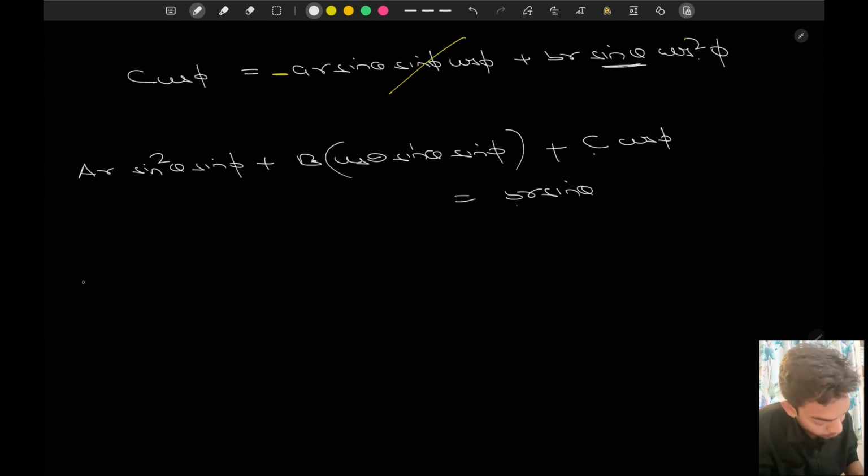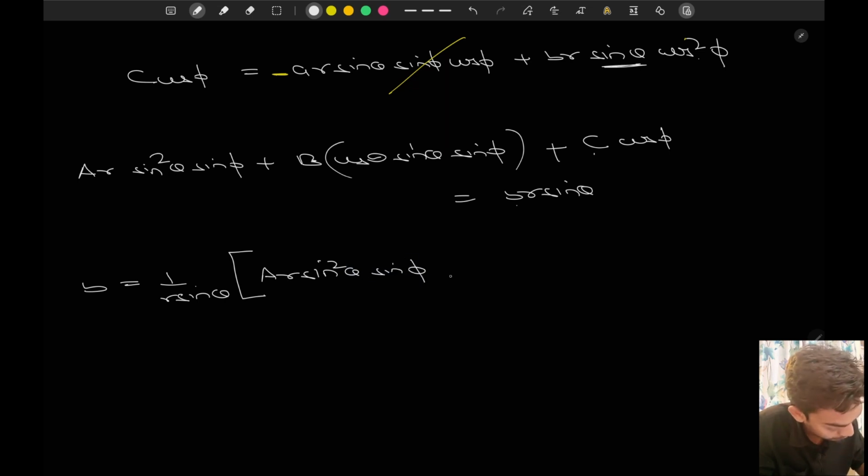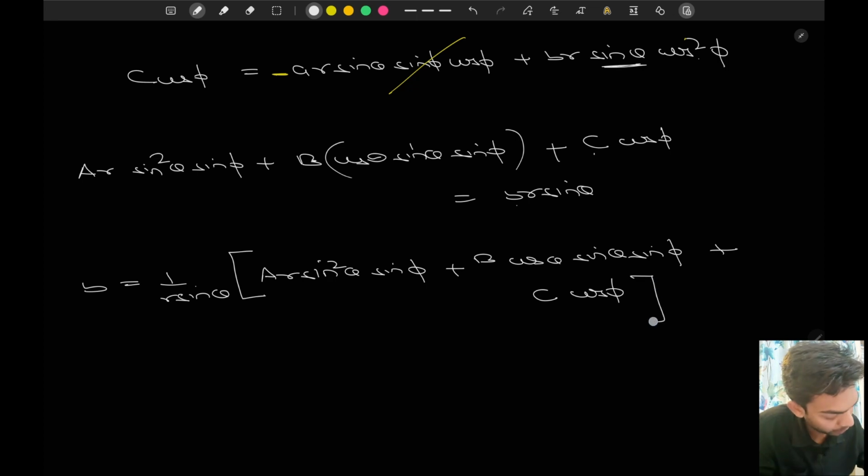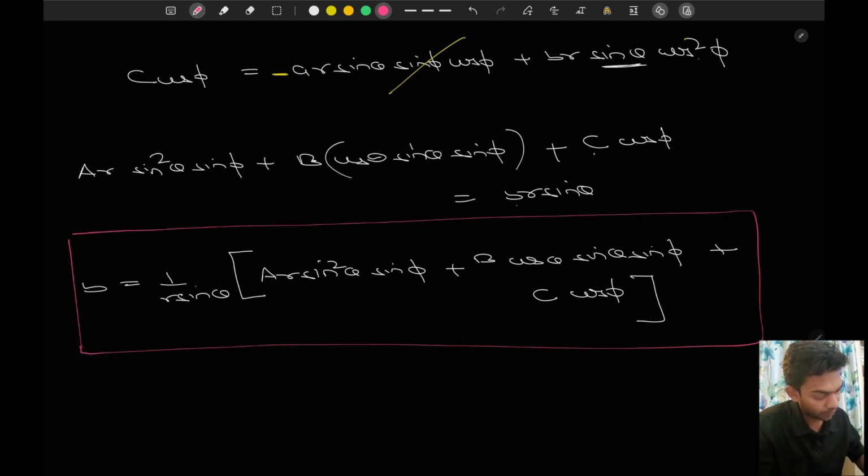My b is equal to 1 over R sin theta, AR sin square theta sin phi plus cos theta, B cos theta sin phi plus C cos phi, and this C is capital C. Let me put that into a box, because we have achieved one of the relations.